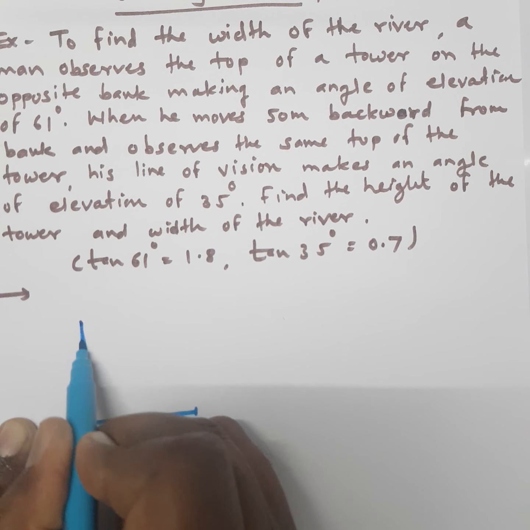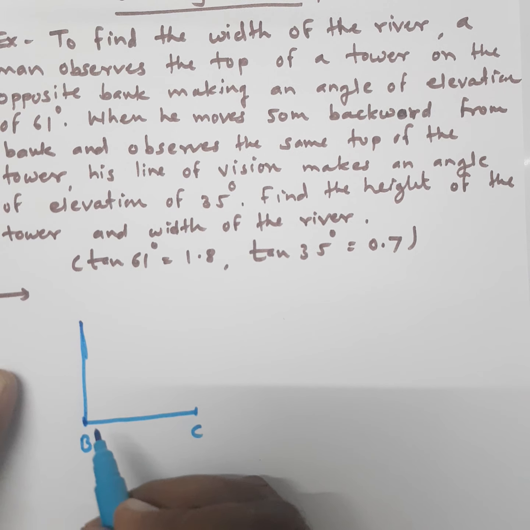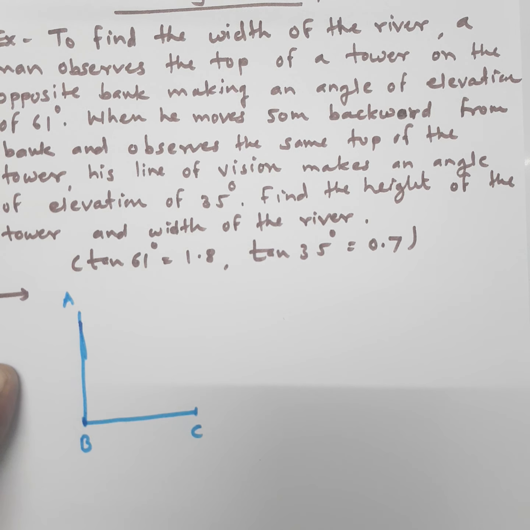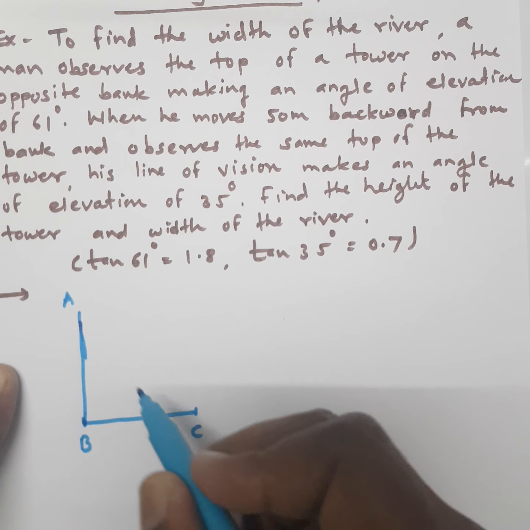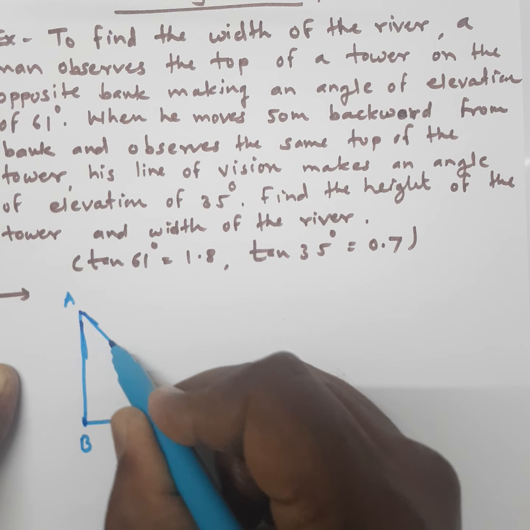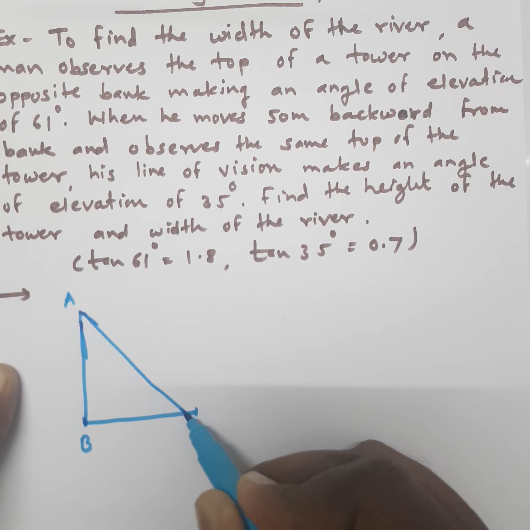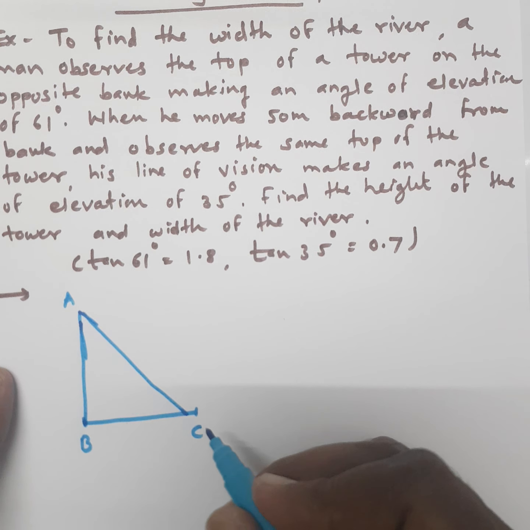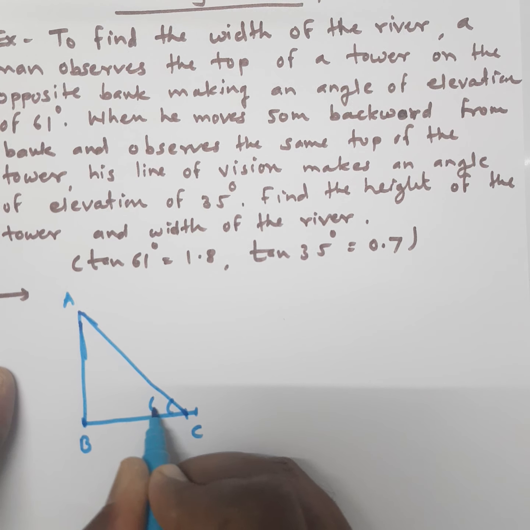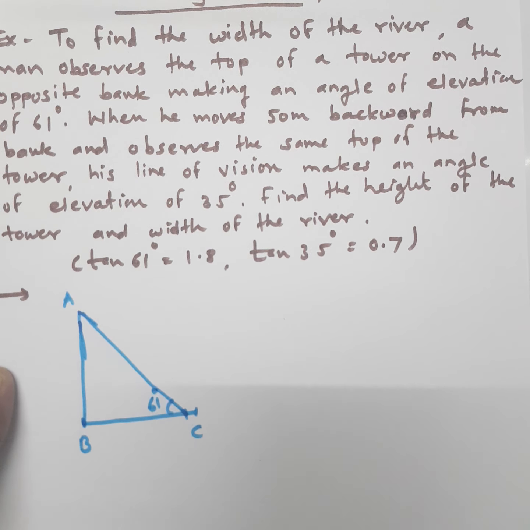Let AB be the tower on the opposite bank, and when he sees towards the top of the tower, he makes an angle of elevation 61 degree.